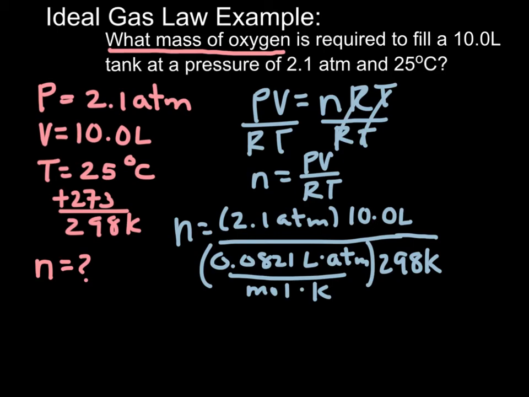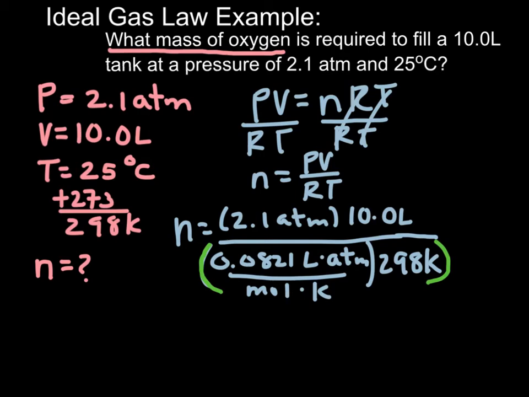Now, it becomes very important for you to keep in mind how you're going to type this in the calculator. You take 2.1 times 10.0 divided by, on your calculator, you're going to open a set of parentheses here, 0.0821 times 298. Okay?